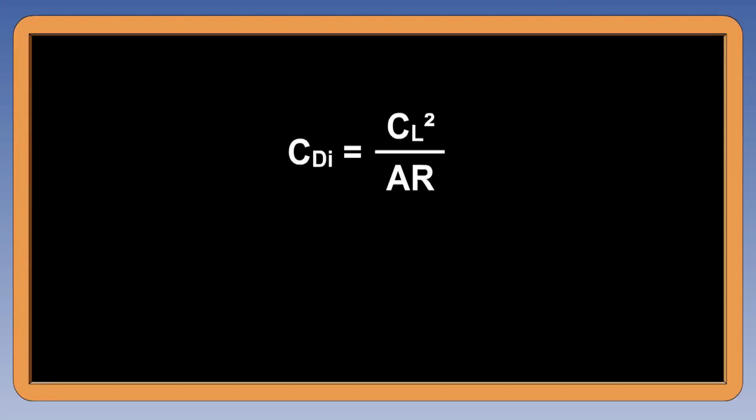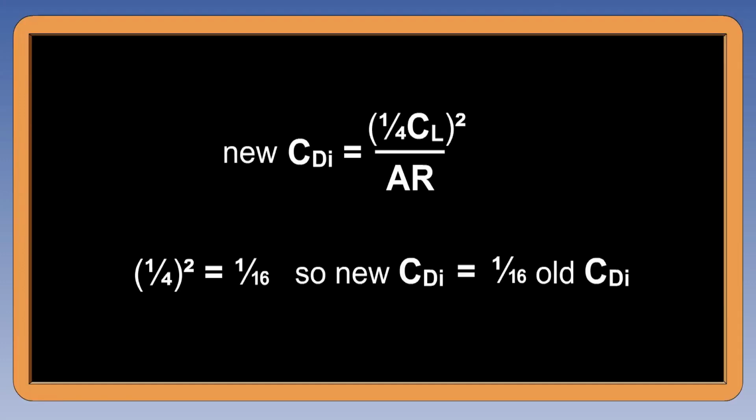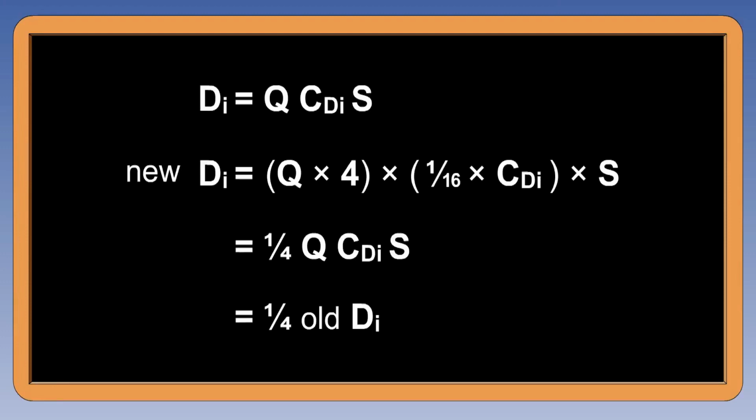If we apply 1/4 of the previous CL to the CDI formula, then the new CDI equals 1/4 CL squared over AR. And as AR is constant, CDI equals 1/4 squared, or 1/16 of the previous CDI. If 1/16 of the previous CDI is applied to the induced drag formula, we get induced drag equal to 1/4 of its previous value.